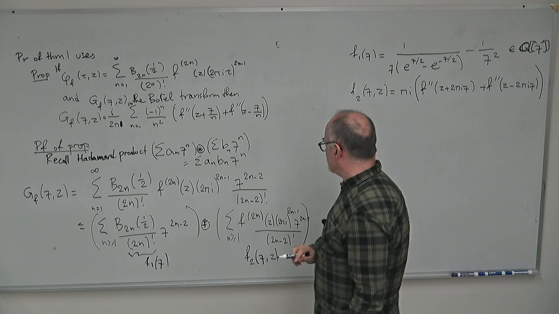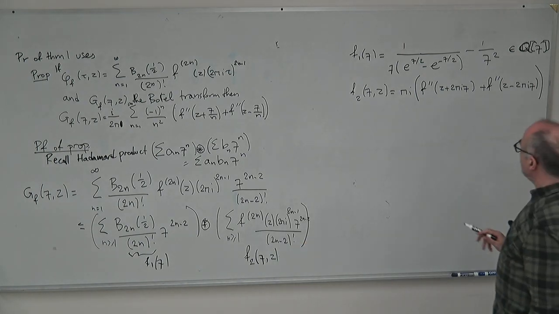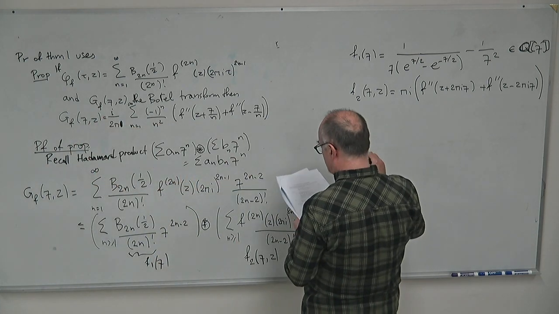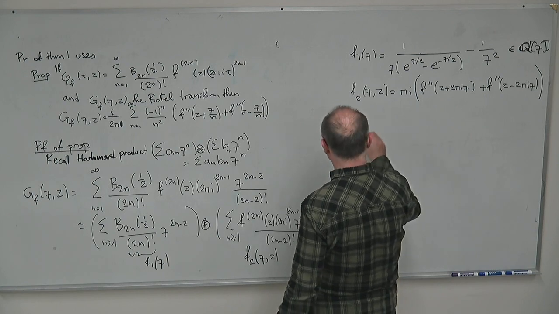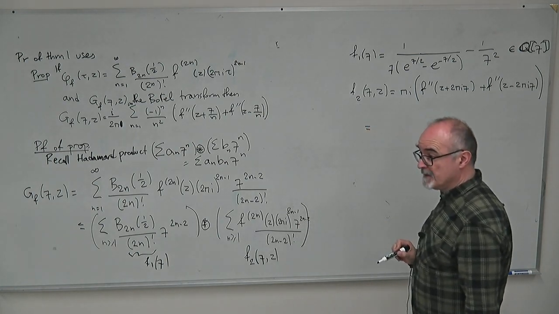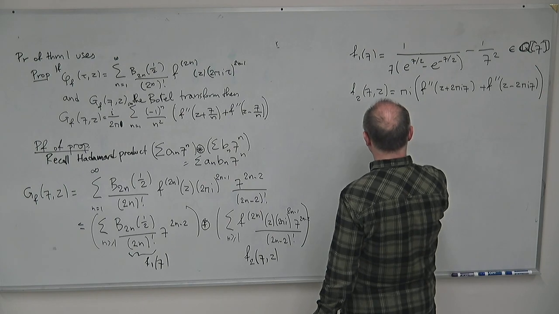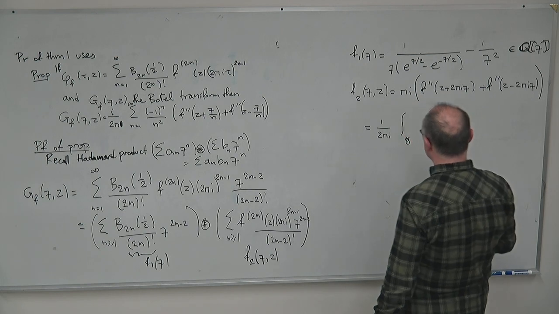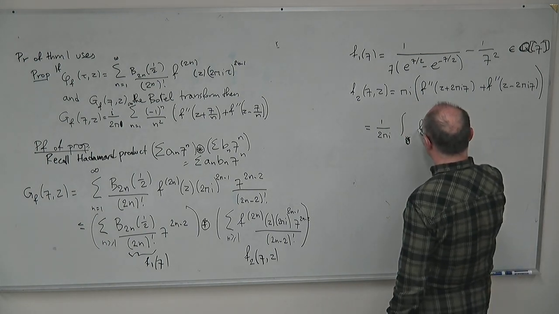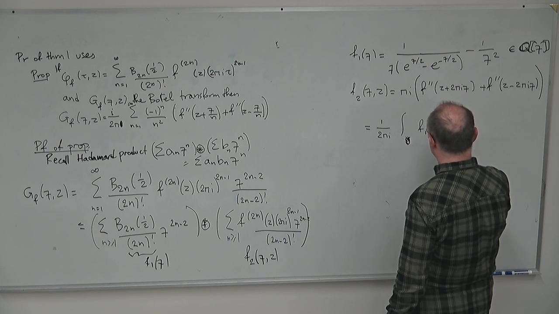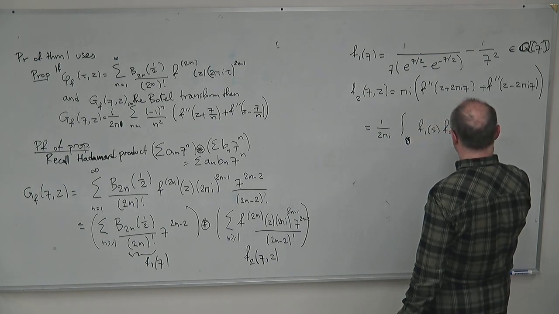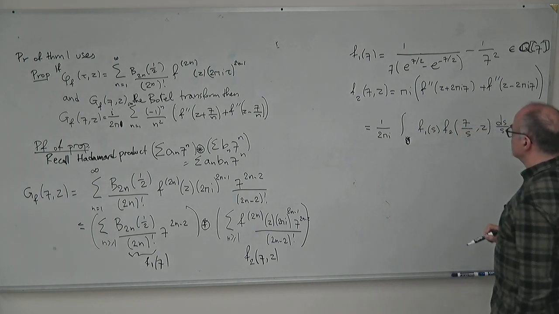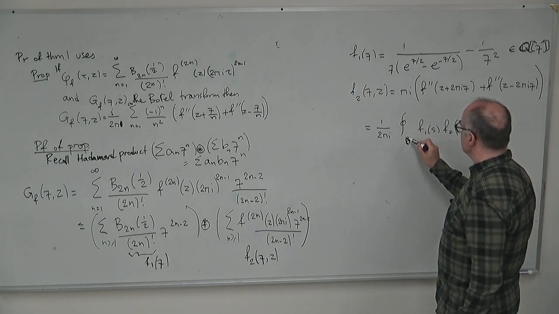Okay, so this is Hadamard product, but we are almost there, but we need to convert this into a formula, and the conversion is by writing the Hadamard product. Yes, Hadamard product. So we write it as an integral near 0 of f1 of s, f2 of c over s z ds over s. A contour near 0, right?